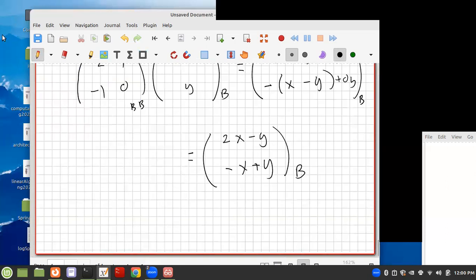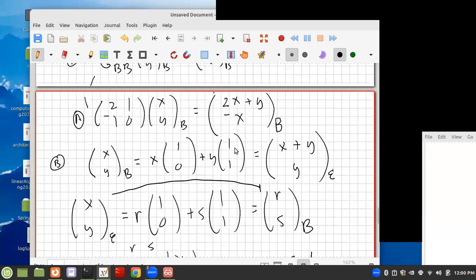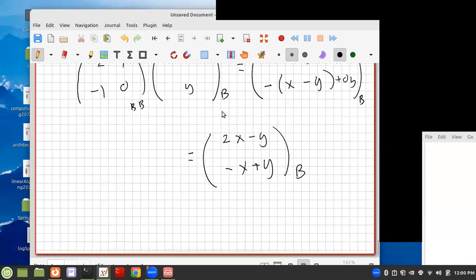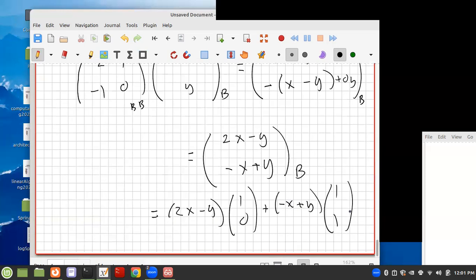Okay, so it's not going to matter, but the point is, if we want to find the image in the standard basis, we don't have it quite in the right basis. So we have to take this and say, well, what does this mean? It means 2x minus y times the first basis vector plus minus x plus y times the second basis vector.